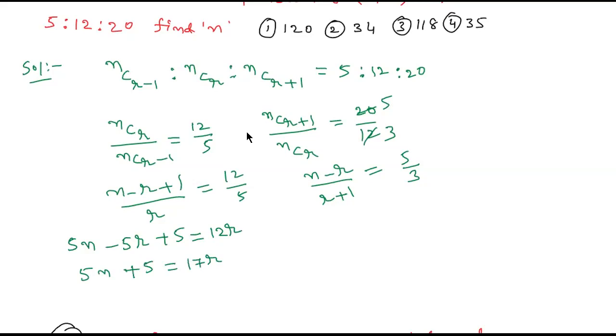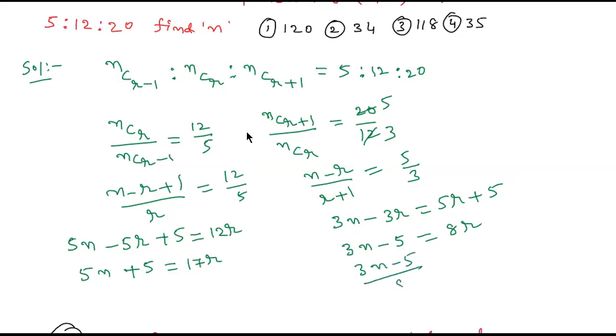Now in second condition, see here 3n-3r, that is equal to 5r+5. Now 3n-5, that is equal to 8r. Then what is r value here? (3n-5)/8 is equal to r.